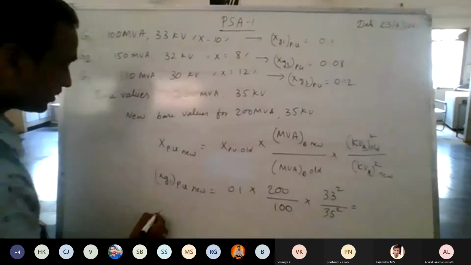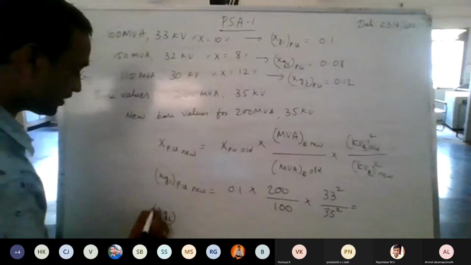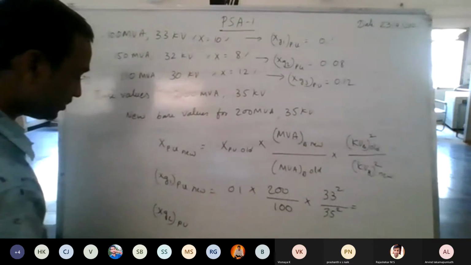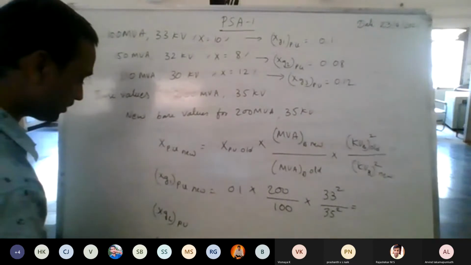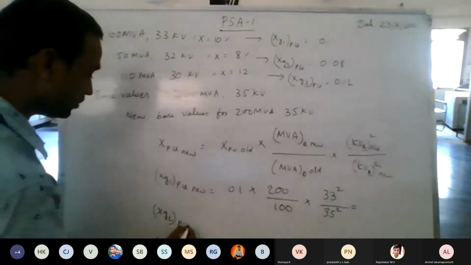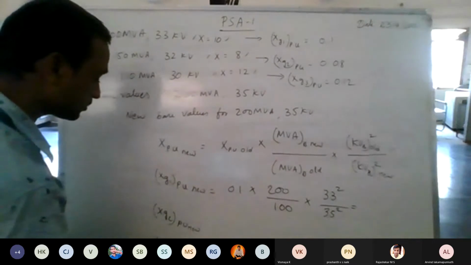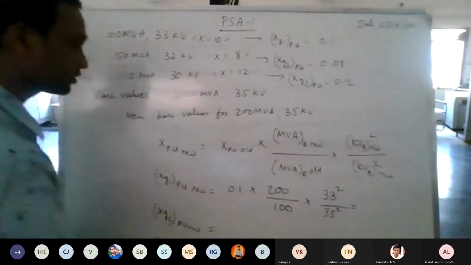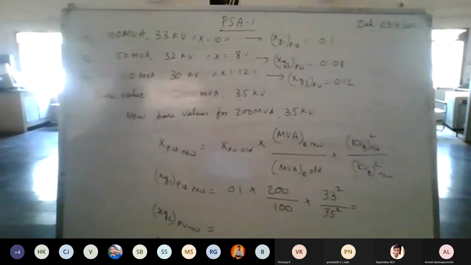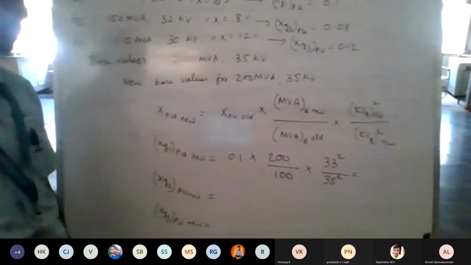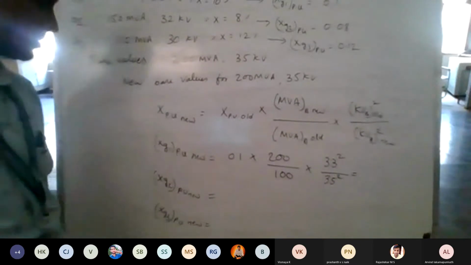Similarly, you calculate for Xg2 per unit and Xg3 per unit, the new values. How much is the answer?